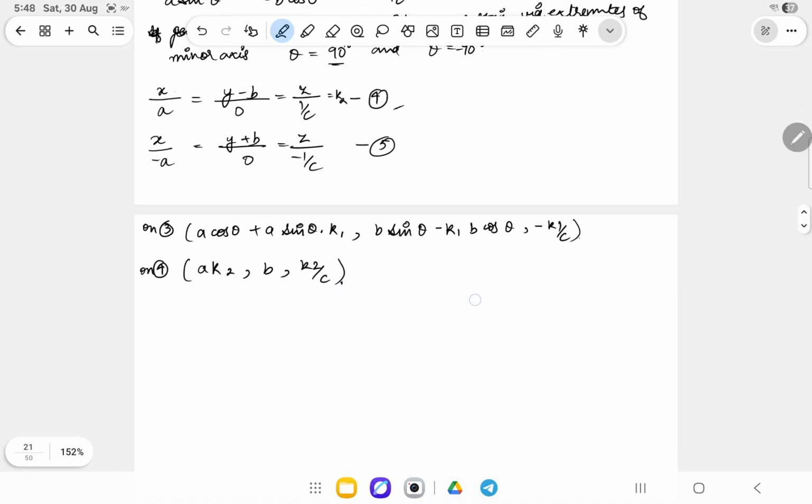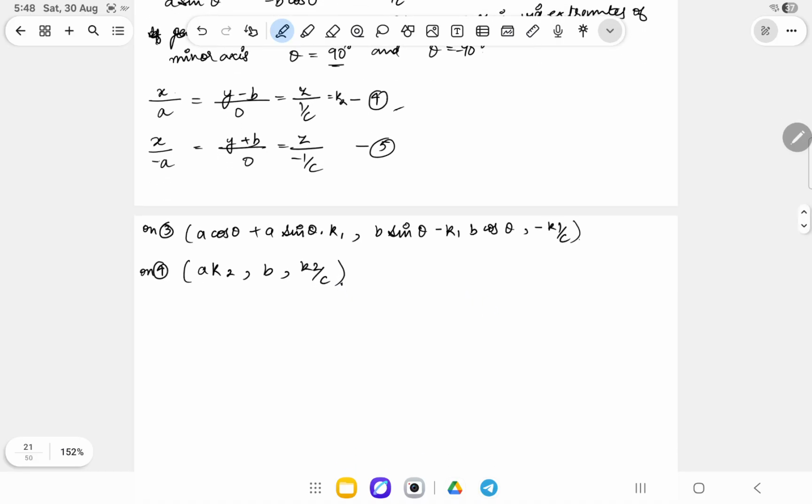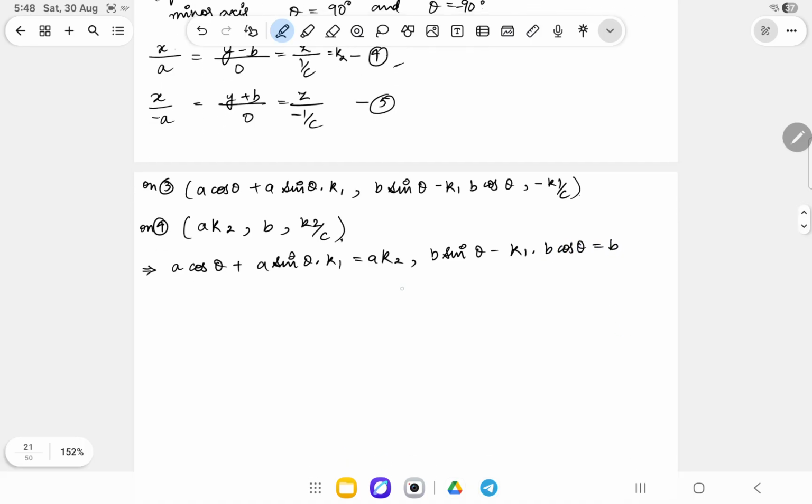If these two lines intersect, then there must be a common point between them. So we'll equate these two points to find the values of k1 and k2 for which these lines intersect. That gives us a cos theta plus a sin theta dot k1 is equal to a k2, and b sin theta minus k1 into b cos theta is equal to b, and minus k1 by c is equal to k2 by c.